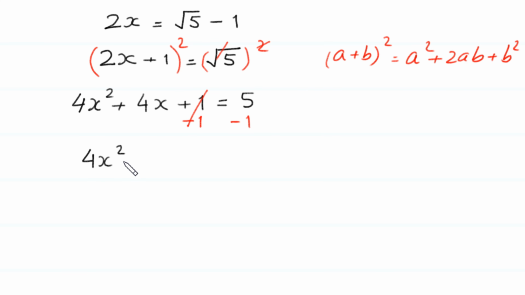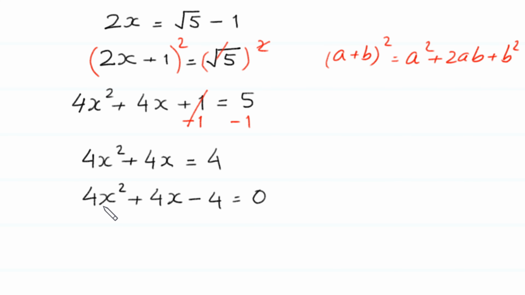4x square plus 4x is equal to 5 minus 1, 4. Now we move this 4 to the left side. 4x square plus 4x minus 4 is equal to 0.